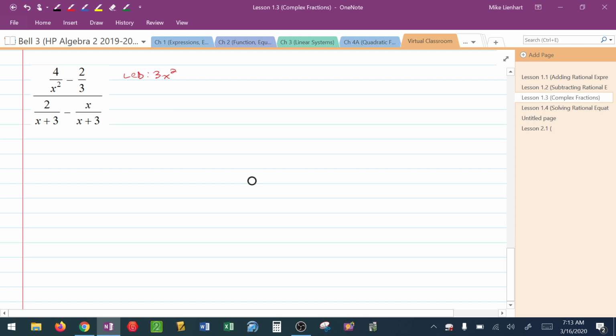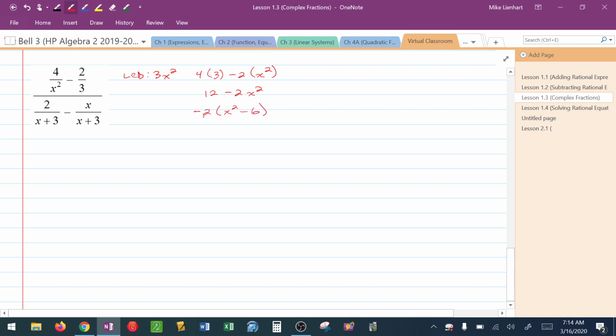All right, so let's see. I have 4 times I'm missing 3 minus 2 times I'm missing x squared, which would simplify to 12 minus 2x squared. Now I'm going to rewrite this as negative 2 times x squared minus 6.